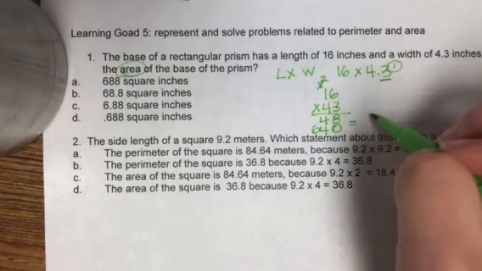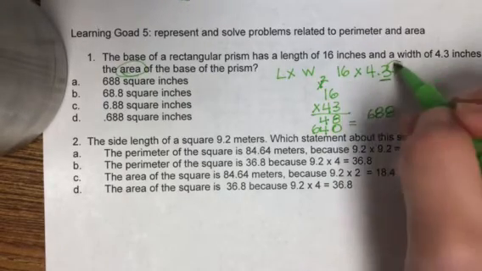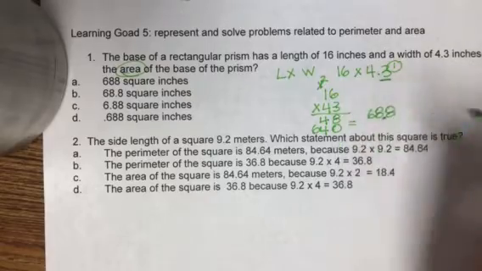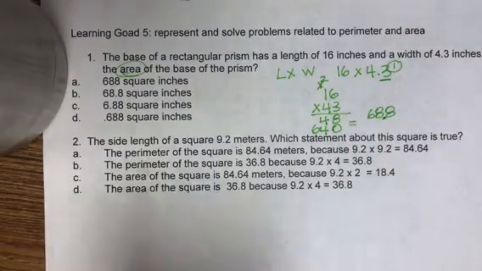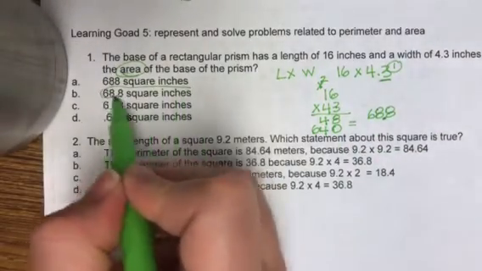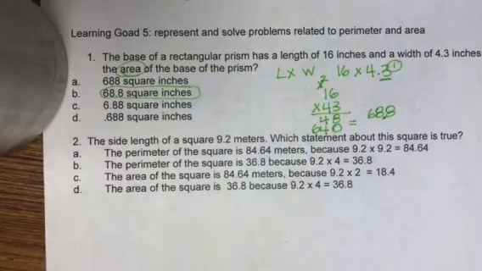Together, this makes 688, and when I add that 1 decimal in, it's 68 8/10.